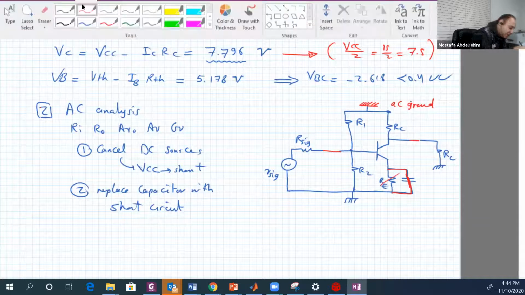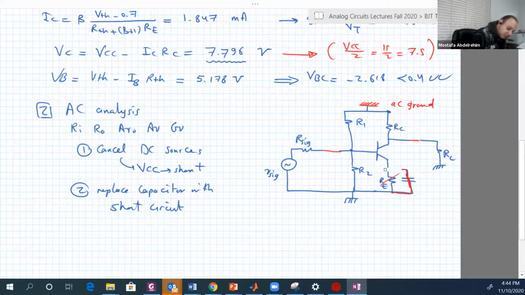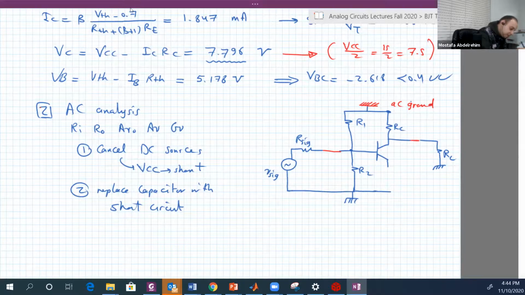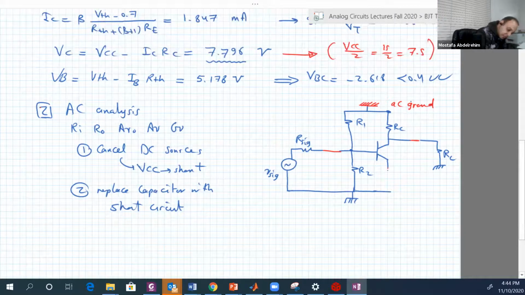So we can just replace all that by a simple short, a simple wire, like this. So this CE capacitor has canceled the effect of RE in AC. So EV should be high as well, as we expect from common emitter circuits.